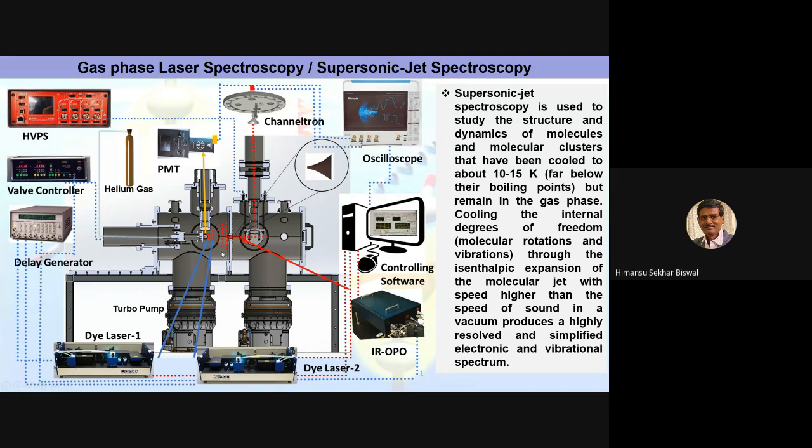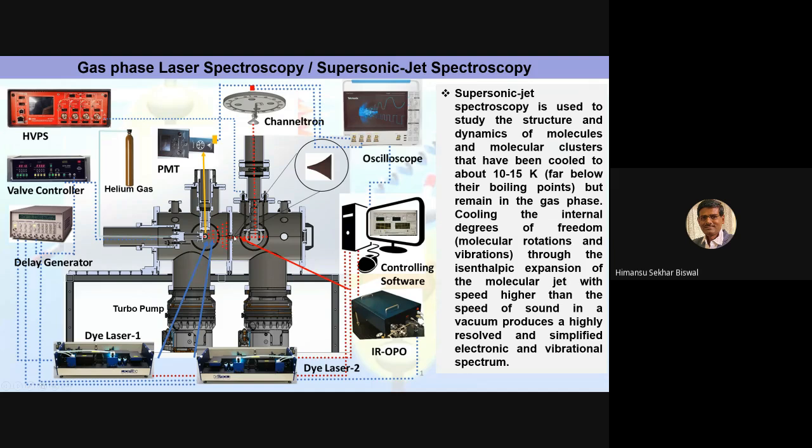It is called isenthalpic expansion, and the principle is called the Joule-Thomson effect, if you have heard of it. Because of this isenthalpic expansion, we can cool the molecule to 10 Kelvin and keep it in the gas phase, because the cooling happens so fast that the molecules don't get time to come close together and condense. So the molecule will be in the vapor phase at 10 Kelvin, and the gaseous molecules will be very dilute.